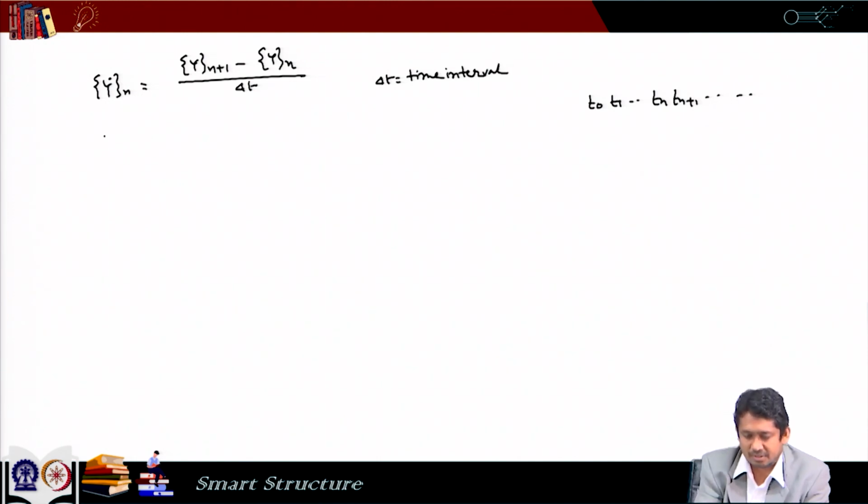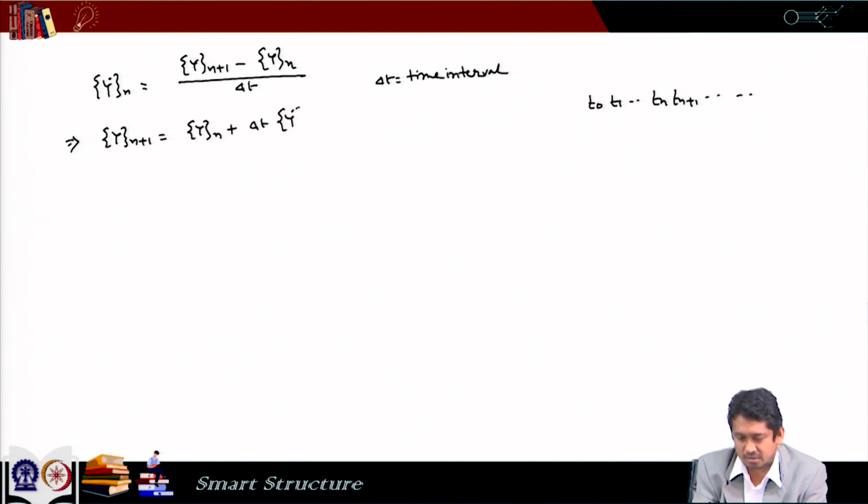From this we can write yn plus 1 is equal to yn plus delta t yn dot. So, this is our forward difference scheme.